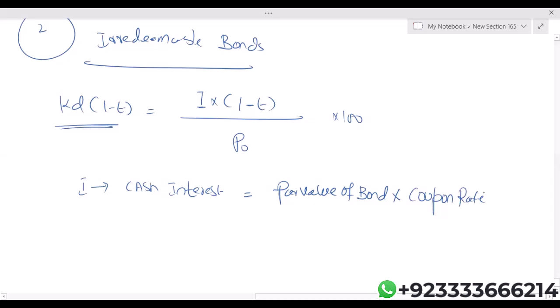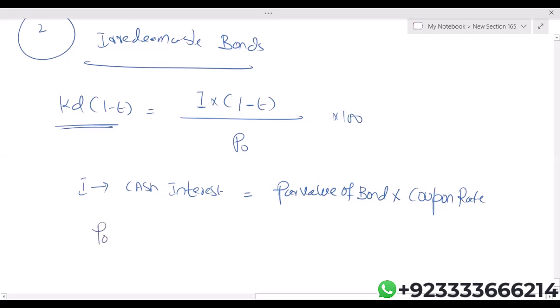Another name is face value of the bond. Most of the time it will be 100. I'm not saying always, but most of the time. Multiply by the coupon rate. Coupon rate is the rate which is written with the bond. So just multiply both of them, you will get cash interest.